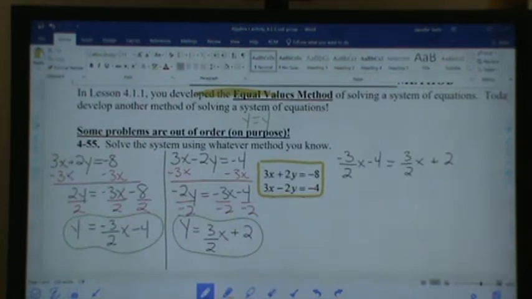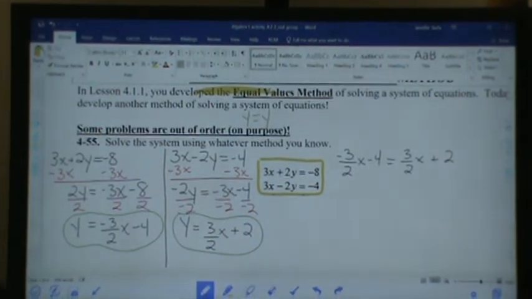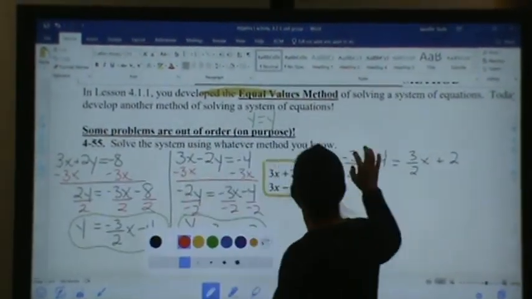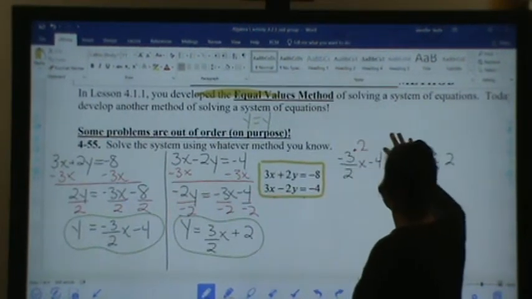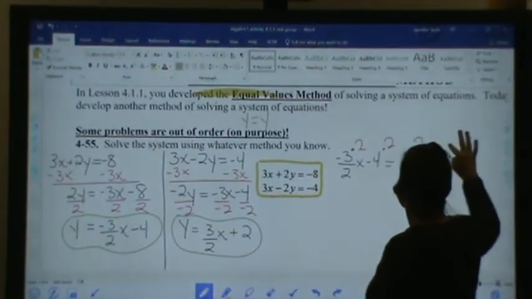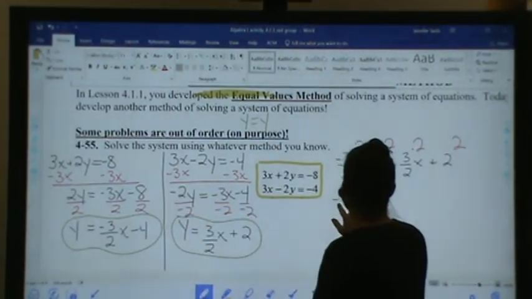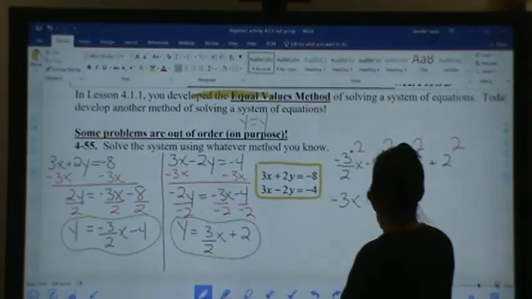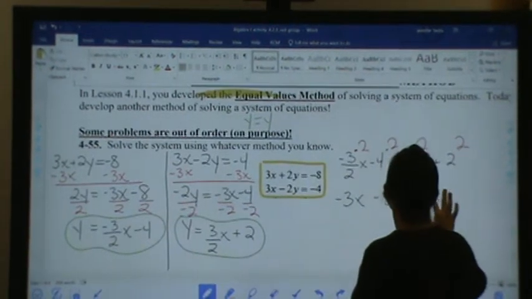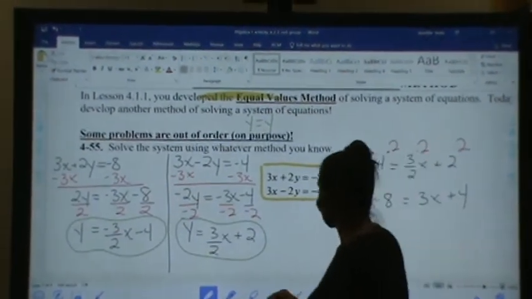Many fractions. Okay. Now you guys know me, I don't like anything that has to do with fractions, so I'm going to multiply everything by 2 to get rid of them. So you should end up with negative 3x minus 8 equals 3x plus 4.